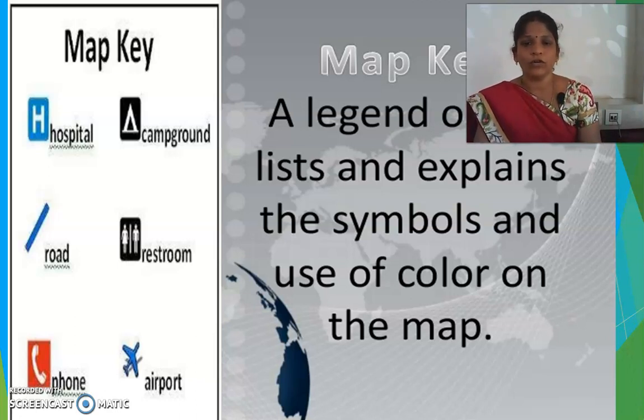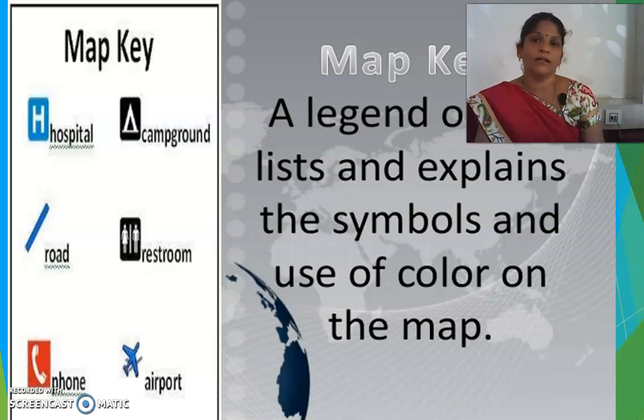And also color on the map. There are some important colors, primary or basic colors, given in the map to indicate places easily. For example, if blue color is given in the map, we should immediately understand that it denotes a water body.